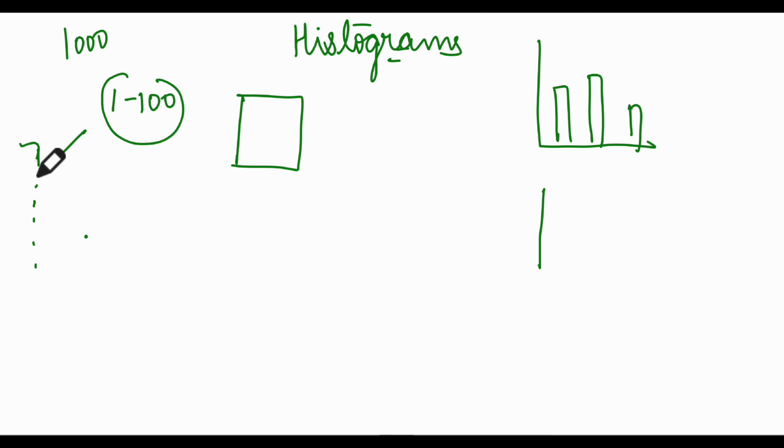So let's reduce this. Let's say you're doing it 10 times. On the first time number 1 came, second time number 2 came, third time number 5 came, then number 6 came, then again number 2 came, then number 5 came. Now number 10 came, number 8 came, number 4 came, number 3 came.